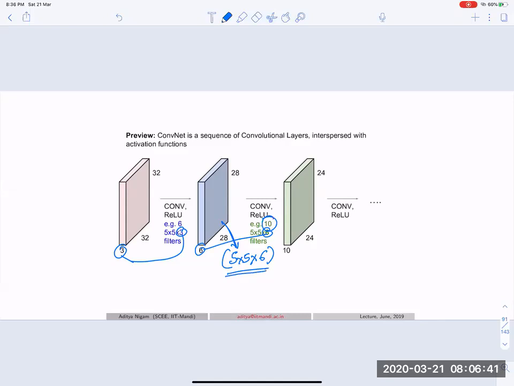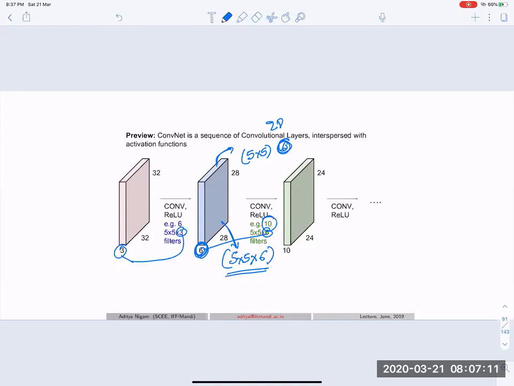When you code, if in your output you have only written 5 by 5, you just have to write 5 by 5. You need not even write 6, because it understands that it's a 2D filtering and this has to match with this. So this 6 and this 6 is anyway going to be matched. It's not even written in the code. It's understood that it's a 5 by 5 filter, which means a 5 by 5 by 6 filter is there.